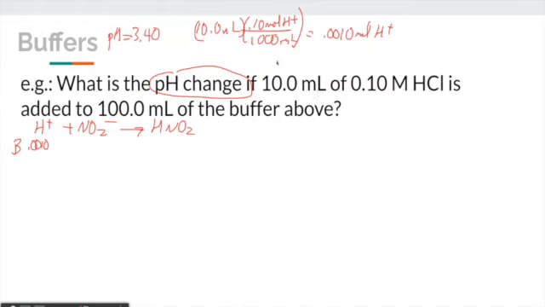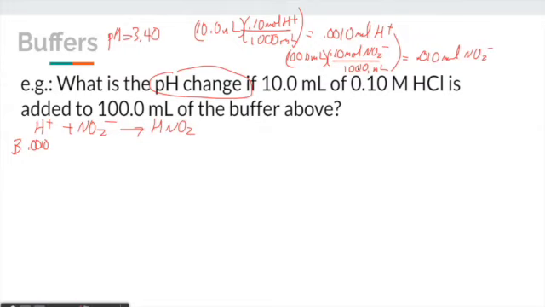Well, in that solution, we had 100 milliliters of 0.10 molar NO2 minus. So that would be per 1,000 milliliters. And so this gives me 0.010 moles of NO2 minus.